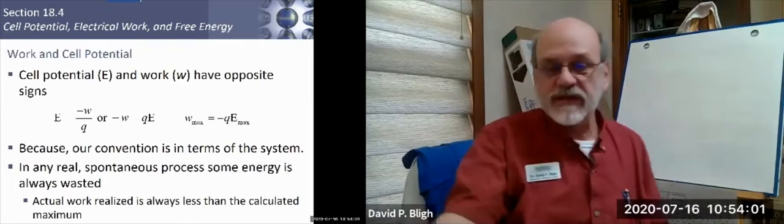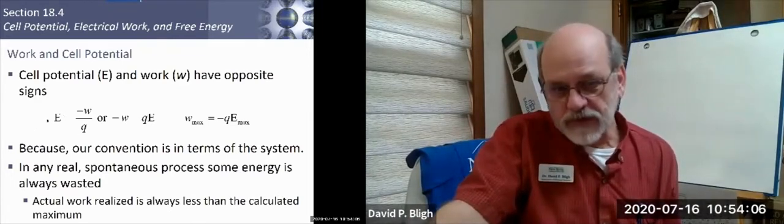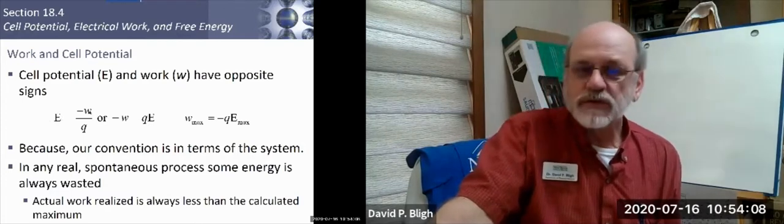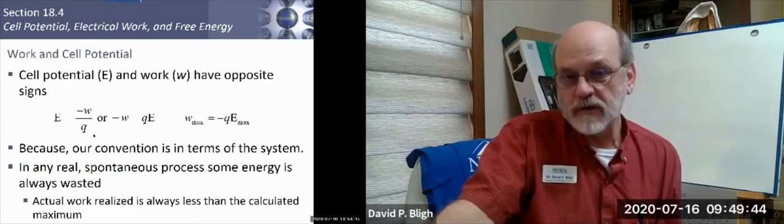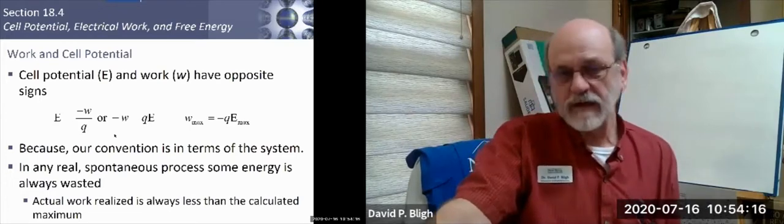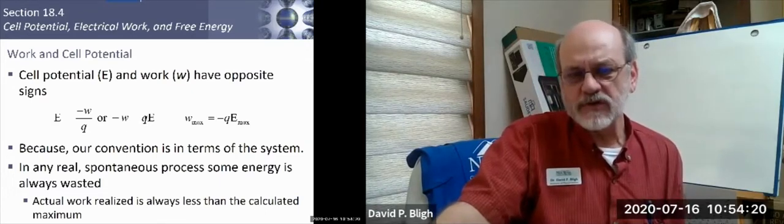So this is the conversion. The voltage is equal to the amount of work divided by the charge transferred, right? So work is going to be equal to the voltage times the charge.